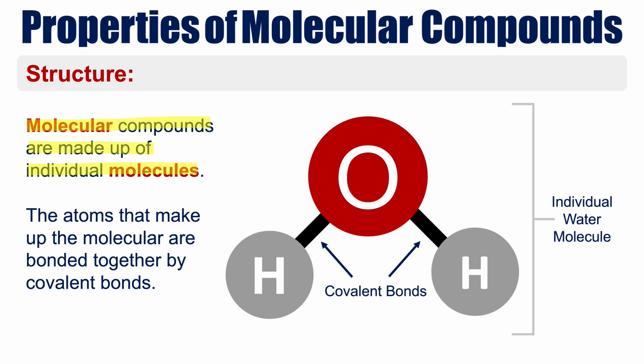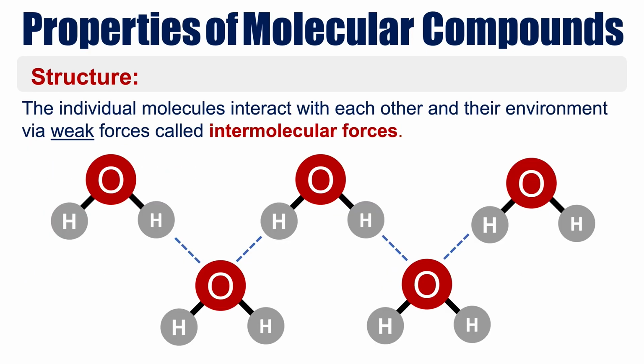What you're looking at is an individual molecule of water. We have oxygen and two hydrogens. Those nonmetals are connected by strong covalent bonds. But the different molecules interact with each other and their environment using what are called weak intermolecular forces.